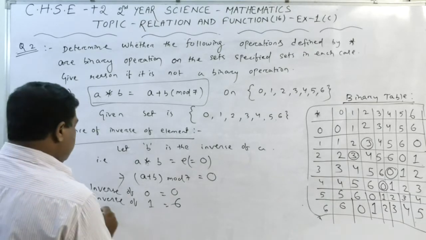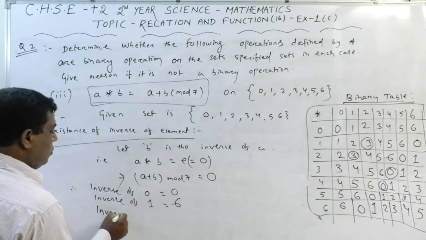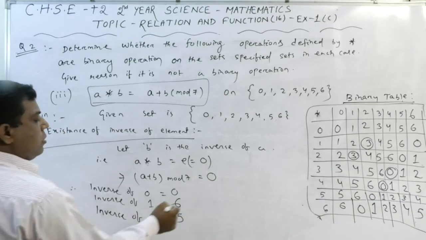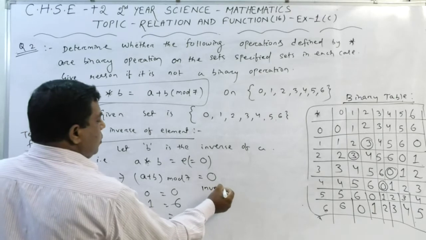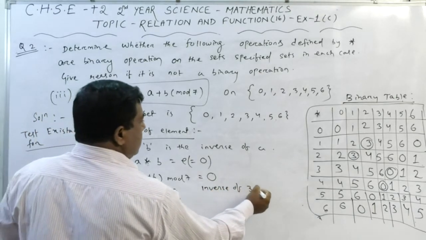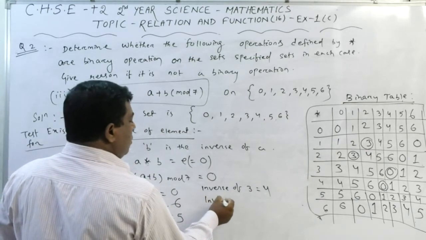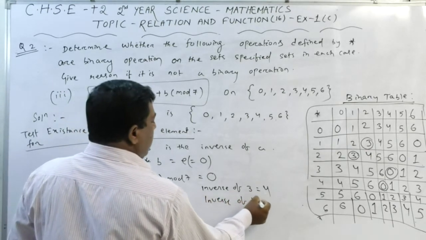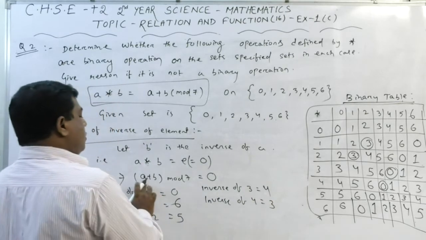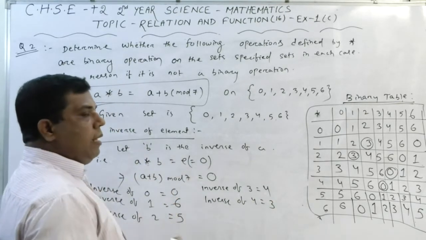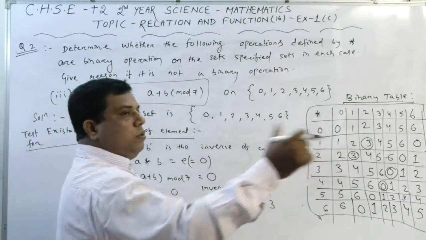Inverse of 2. Inverse of 2 is 5. Okay. And inverse of 3. Inverse of 3 is what? 4. And inverse of 4, you can verify it from the table also, because it is such an element which we sum up with that element A, and the result is equal to 0.